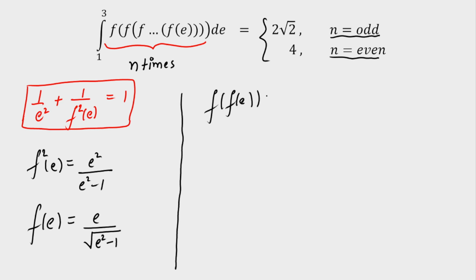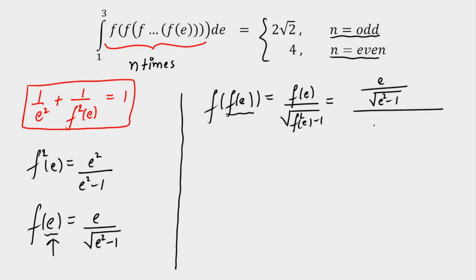So let's calculate the composite function 2 times. Here I'm taking n equal to 2. Right now the input is E. Now we have the input f of E, so I'm going to replace E by f of E. We'll get f of E upon root over f square of E minus 1. So this will be equal to E upon root over E square minus 1, whole divided by E upon root over E square upon E square minus 1, minus 1.